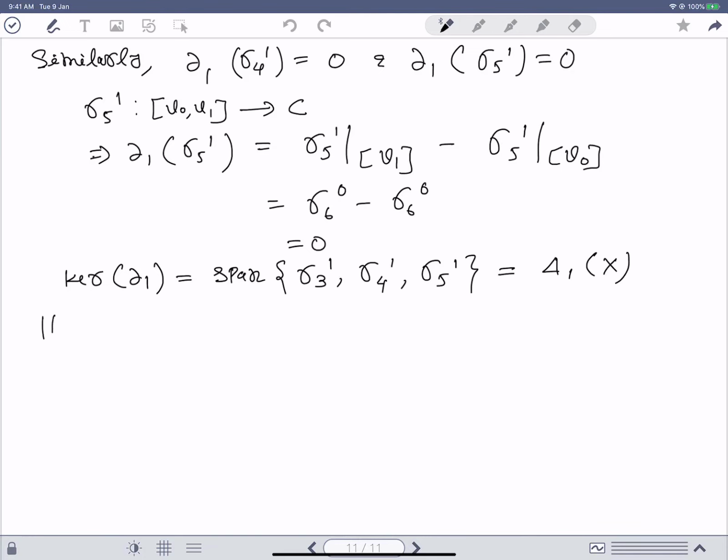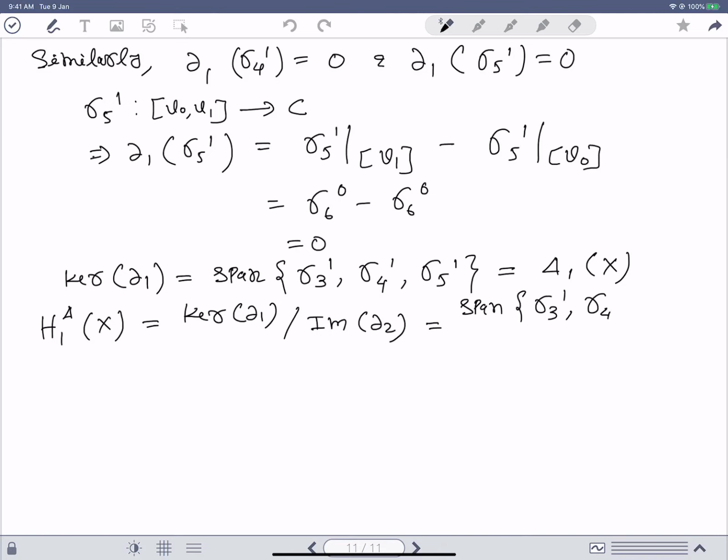So what is my H1? That is the first homology of x, that is the kernel of del 1 quotient with the image of del 2. Now the kernel of del 1 is spanned by sigma 3 1, sigma 4 1, sigma 5 1.